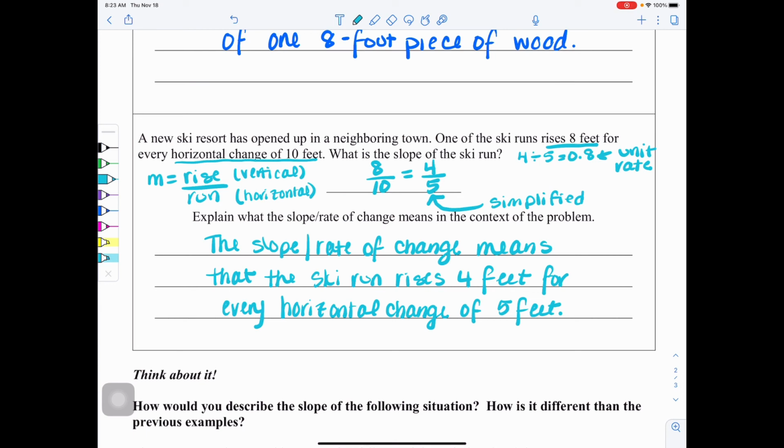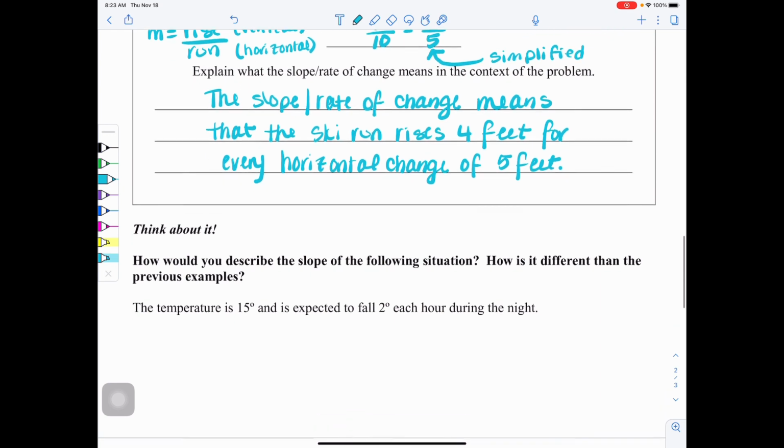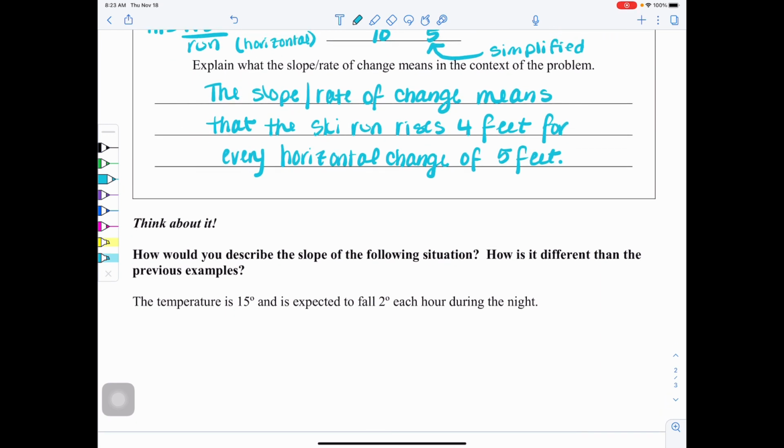So again, there's two parts to this. First, identifying just the number, but then being able to explain what it means in the real life situation that's being described. So now I'd like you to try the think about it question.